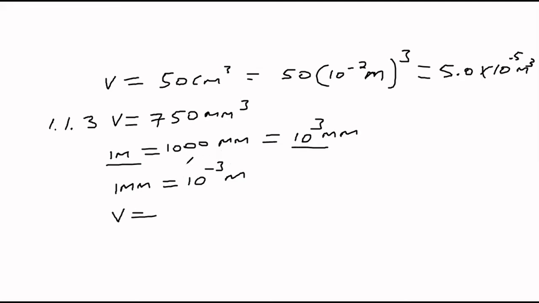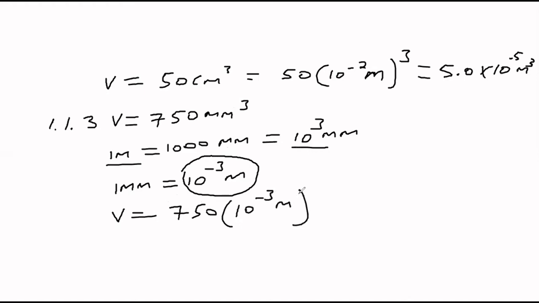Let's substitute this into a millimeter. Where there is a millimeter, we write 10 to the power negative 3 meters, because 1 millimeter is equivalent to 10 to the power negative 3 meters, or 1/1000 meters. Then we raise it to the power 3.